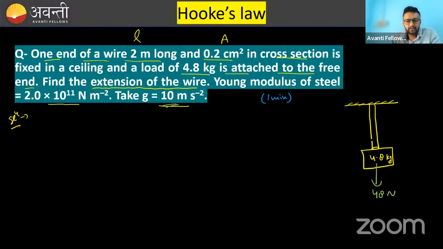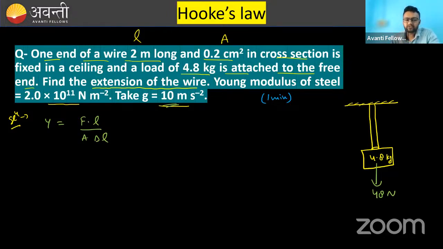So in equilibrium, the tension in the steel wire, whatever the wire is, will be equal to the weight of the load. Y is equal to FL over A delta L. Is it clear to you?